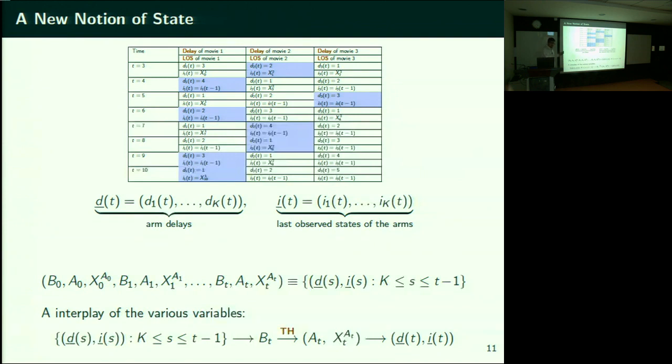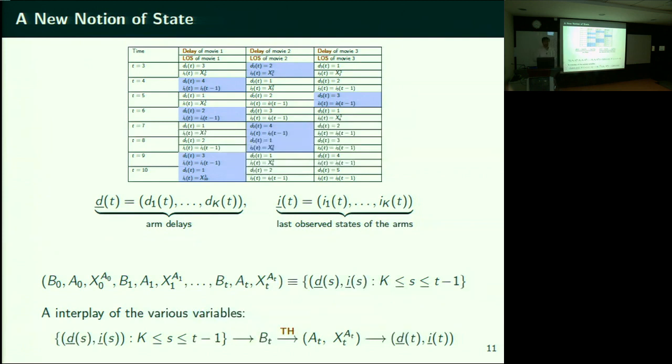Your hand trembles, you end up sampling A_t, selecting A_t, you get an observation X_t^{A_t}. Based on that, you can update your delays and last observed states. This keeps happening. Based on this information, you select a BT, you intend to select a BT, your hand trembles, you select A_t, you get observation X_t^{A_t}, update your last observed states and delays.